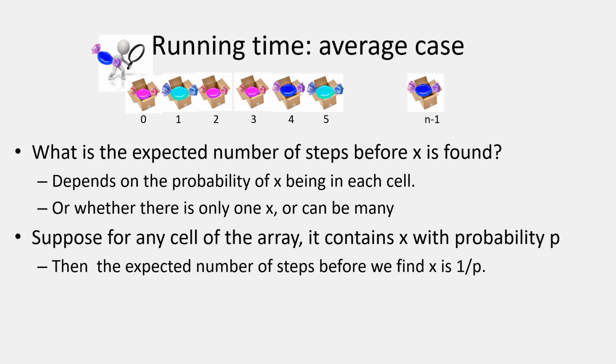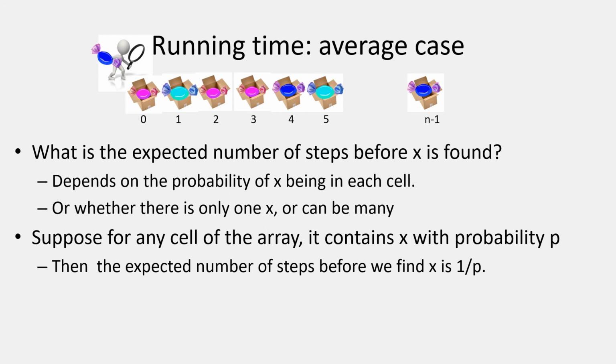So for example, if every box contains what we want with probability 1/2, so on average half of the boxes contain blue candy, then on average we'll expect to see a blue candy in 2 steps. On the other hand, if the probability of the candy being in every box is 1 over n, that is, there is one candy that we are looking for and it can be in any one of the boxes with equal probability, well, then you expect to spend a lot more time, n, to find it.